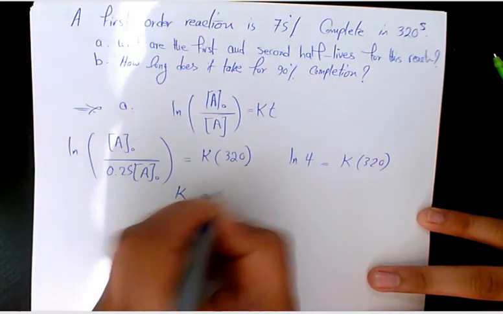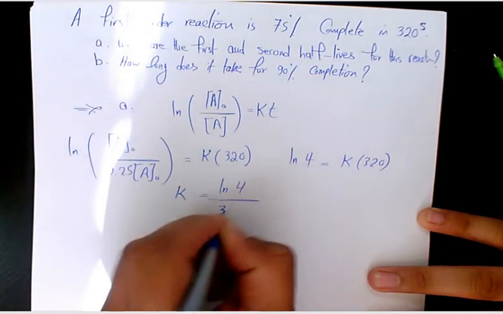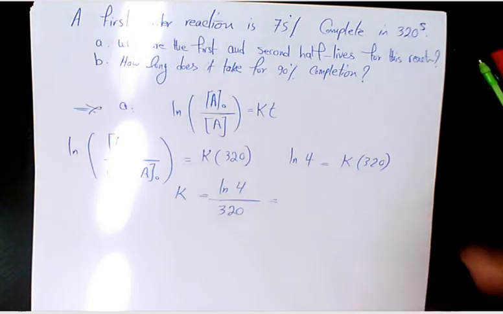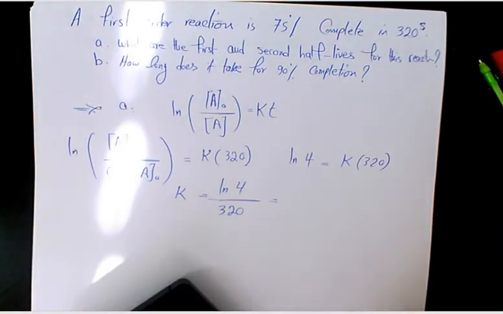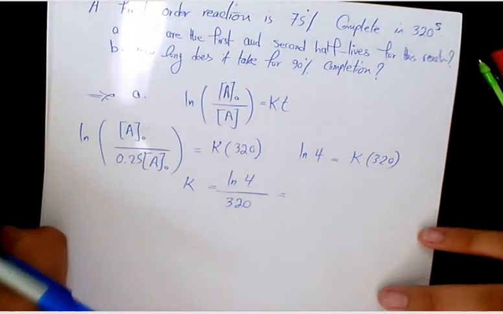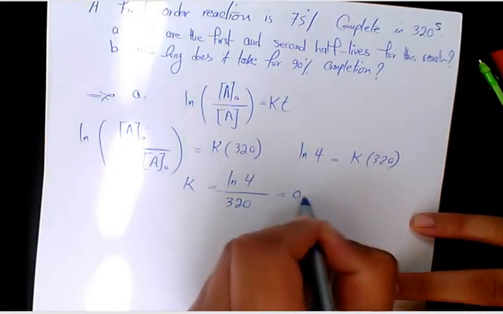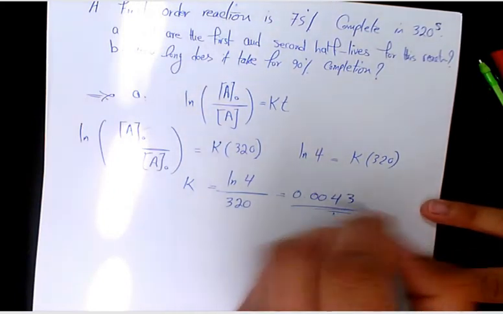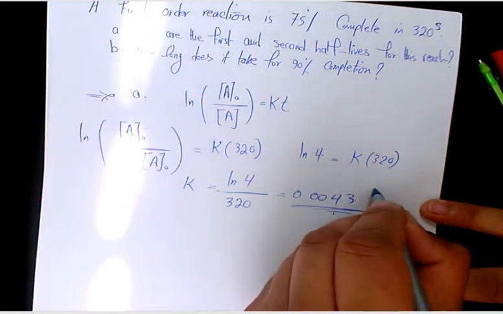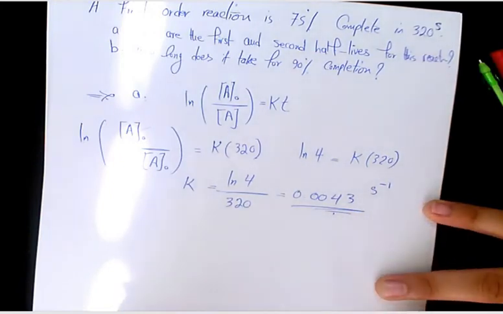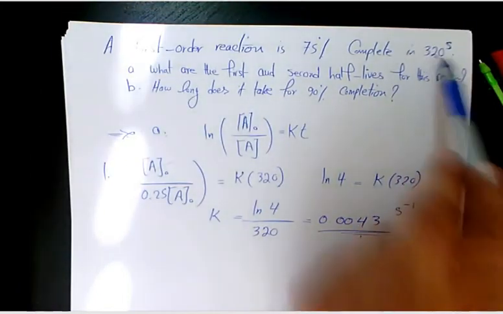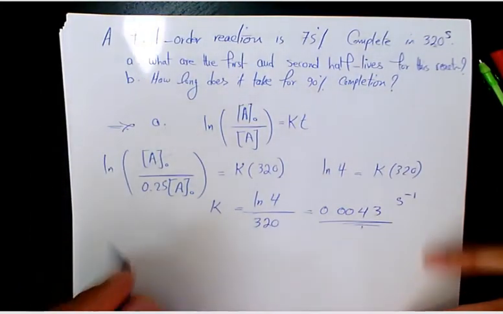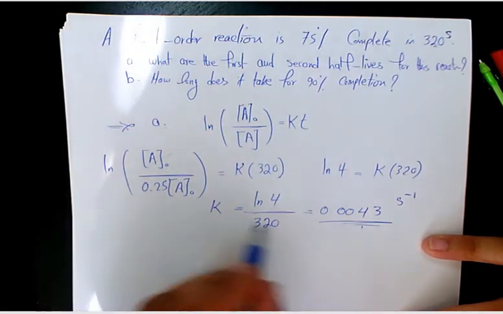So k will be ln 4 divided by 320. That's going to be 0.0043, and the unit is per second, because the time is in seconds here. Alright, so that's the k value.